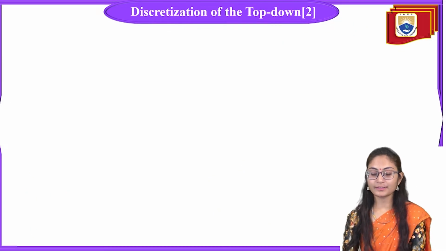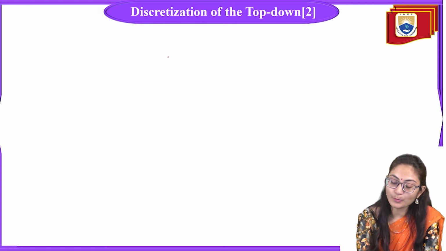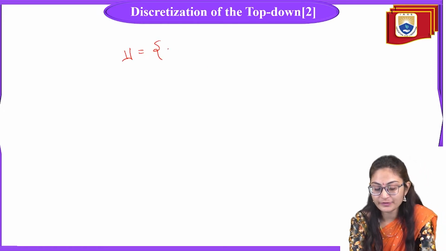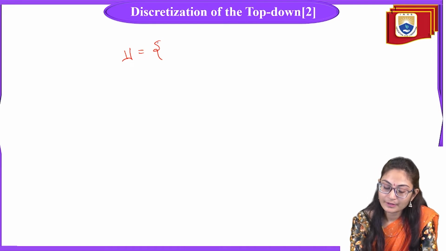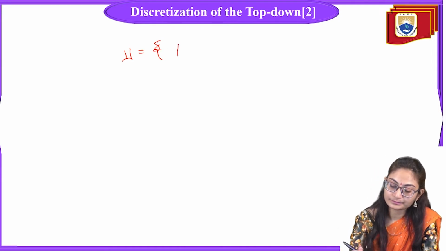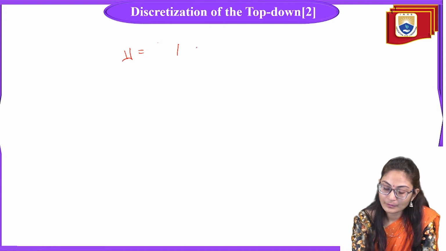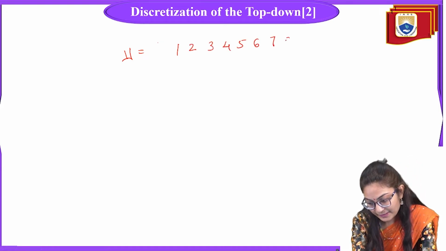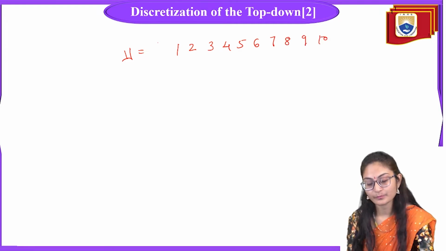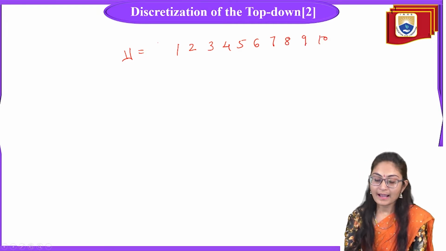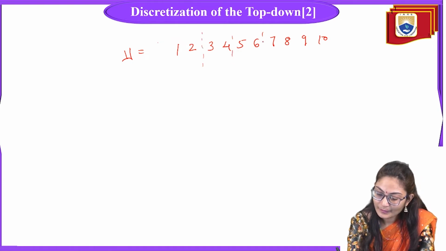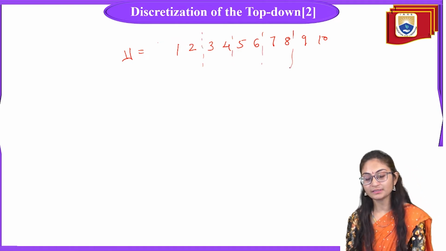Now we will see an example of top down. For example, we have a set of attributes 1, 2, 3, 4, 5, 6, 7, 8, 9, 10. Now, I will first split this data.